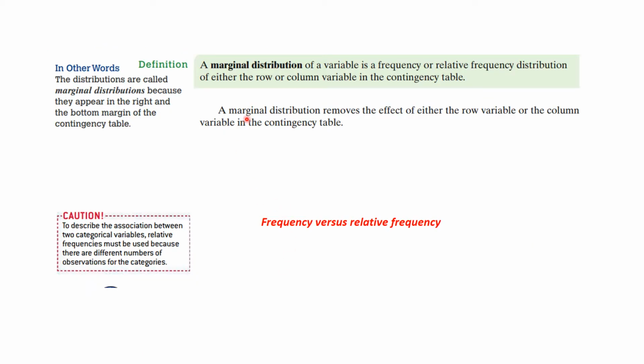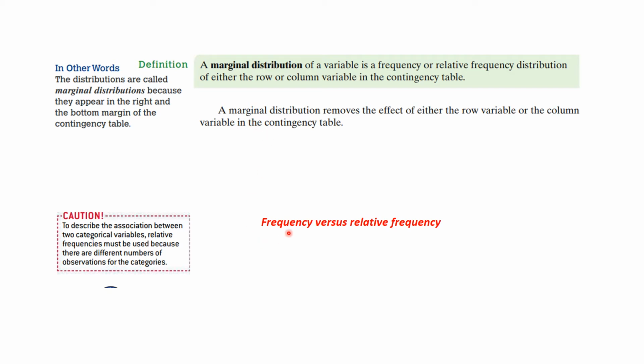A marginal distribution of a variable is a frequency or relative frequency distribution of either the row or column variable in a contingency table. The reason they're called marginal distributions is because they appear in the right and bottom margins of the table. A marginal distribution removes the effect of either the row variable or the column variable in the contingency table.